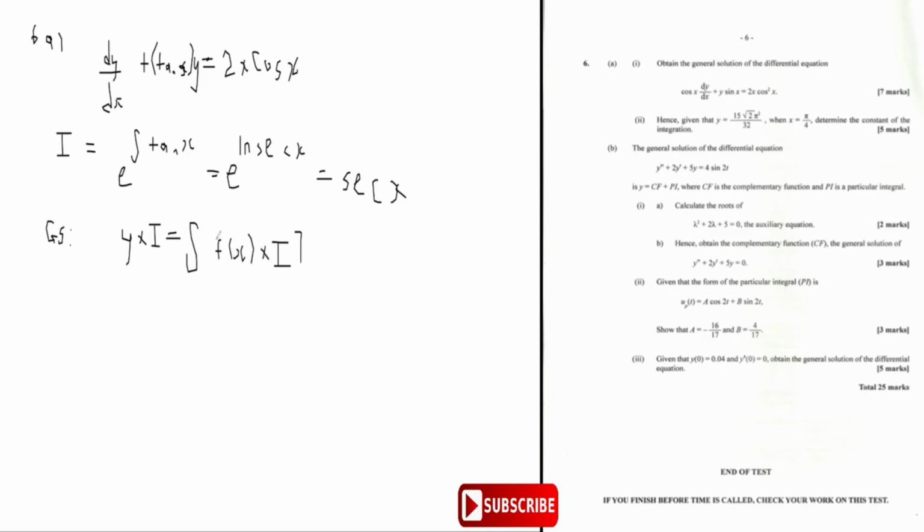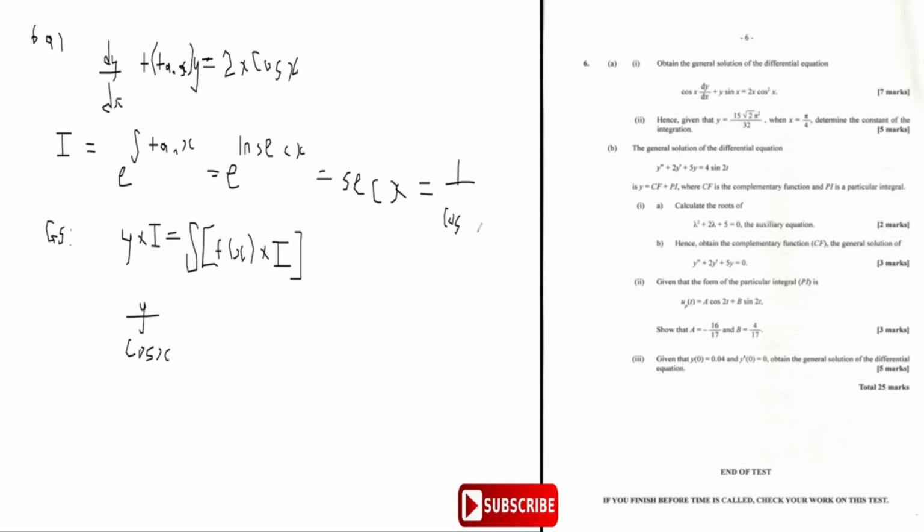So now this is what we're going to work out. Now y times your integrating factor is going to be y sec x. Remember sec x is really 1 over cos x, so I'm going to write it as y over cos x.